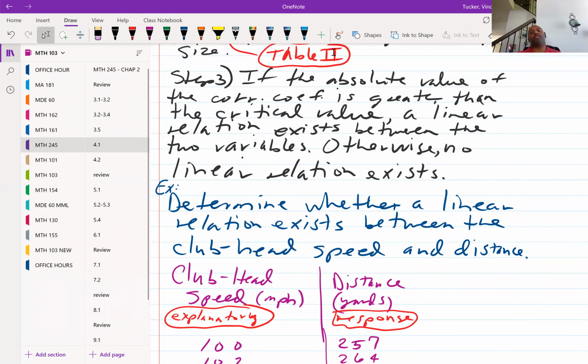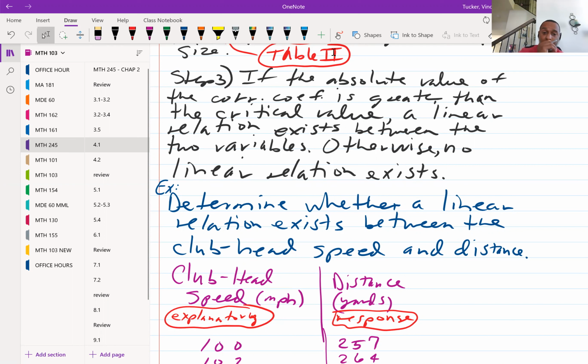All right, so we want to determine whether a linear relation exists between the club head speed and the distance. Here we have a golfer who is out hitting balls on the range. The club head speed refers to how fast the head of the golf club is moving as he swings it, and the distance is how far the ball travels once he hits it.